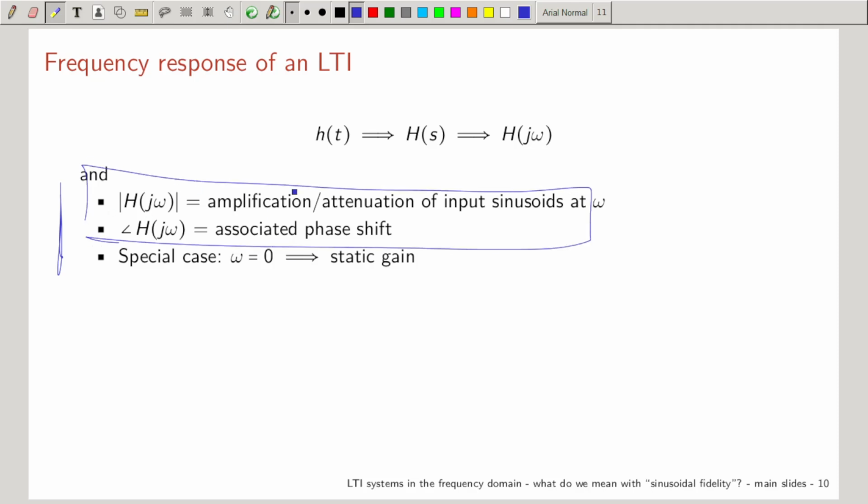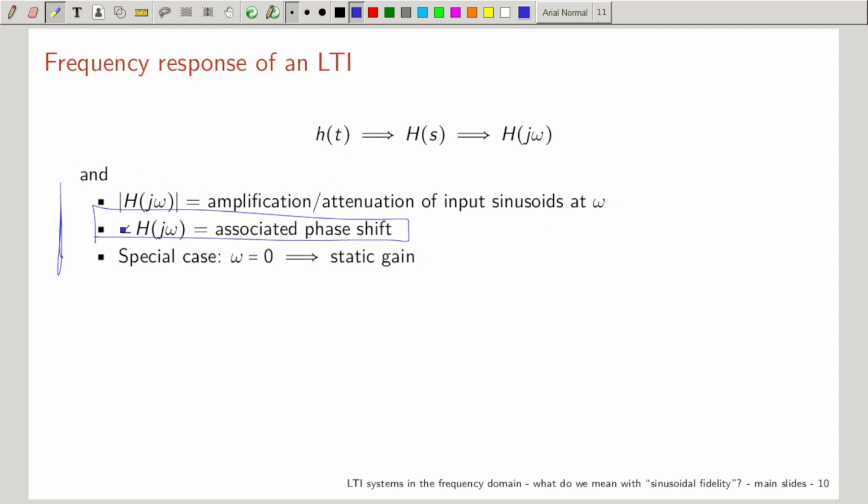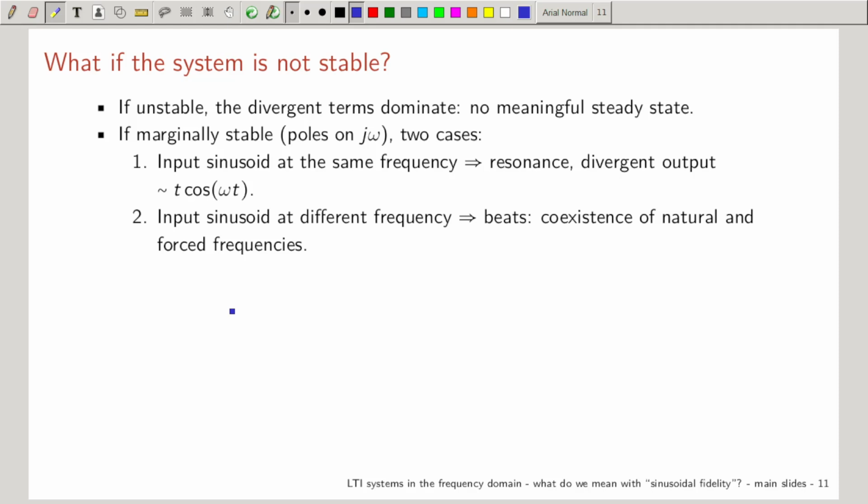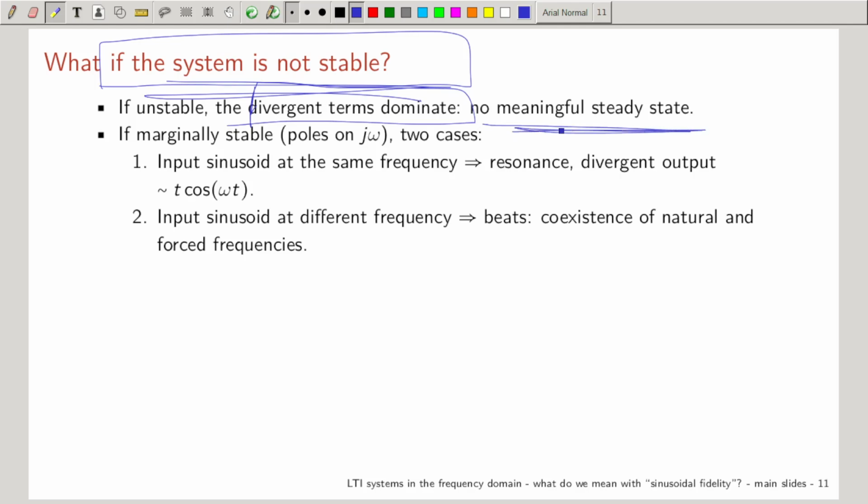Amplification, attenuation of input sinusoids at omega, phase shift, static gain, and nothing. If the system is not BIBO stable, let's read this together: the divergent terms dominate, there's no meaningful steady state.